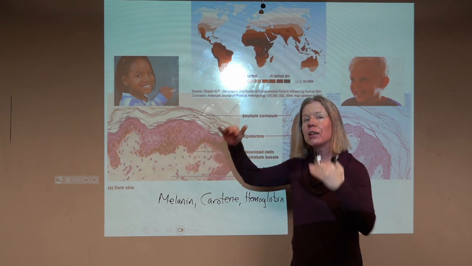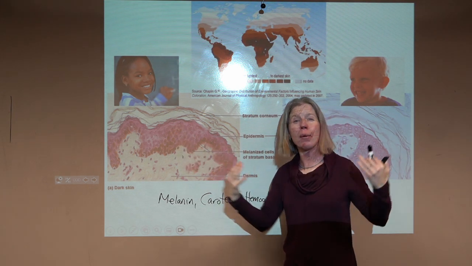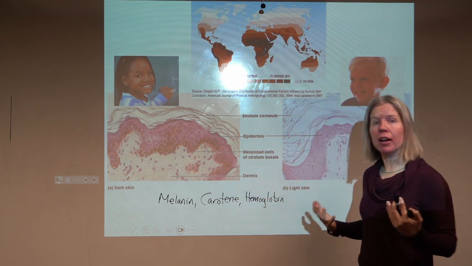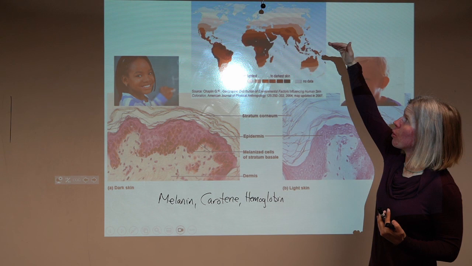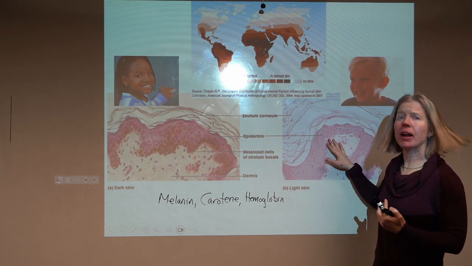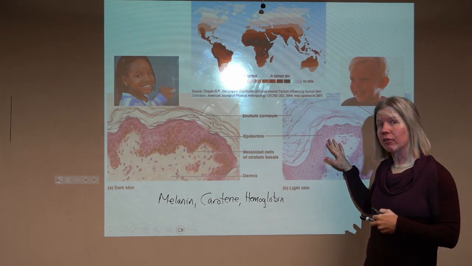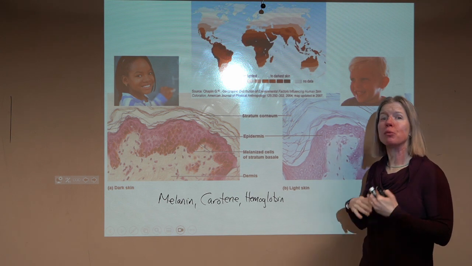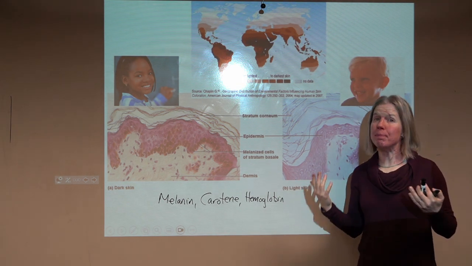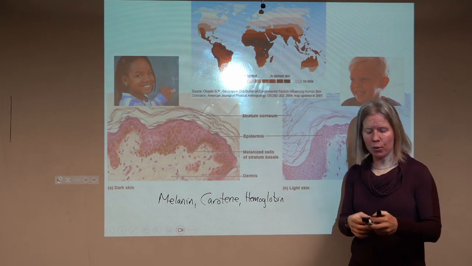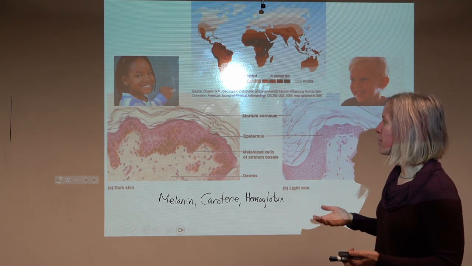If you have lots of melanin and you're living near the equator, you're probably still getting enough sun, enough UV exposure to make vitamin D. But if you're living near the poles, right, that melanin is blocking vitamin D production. So there was a mutation that took place in individuals so they didn't make as much melanin, and that was actually beneficial for vitamin D production.